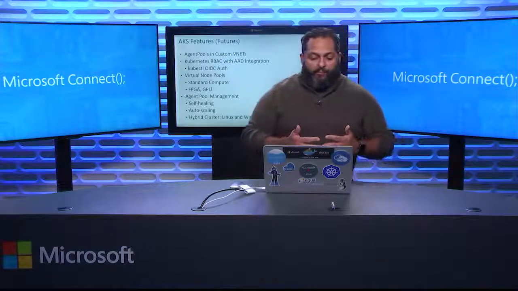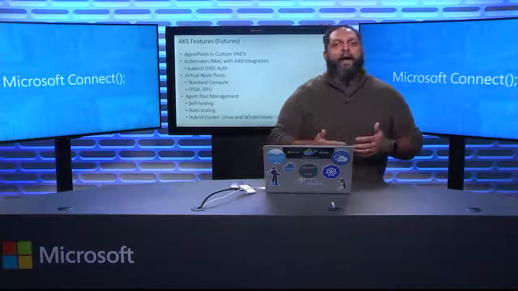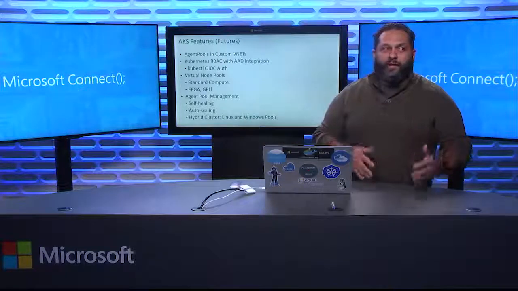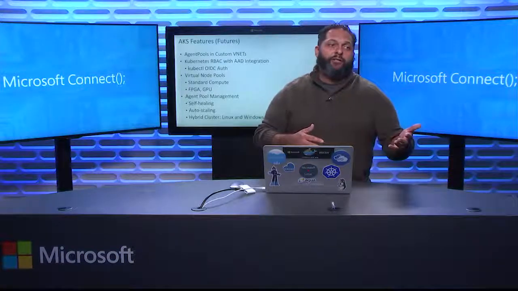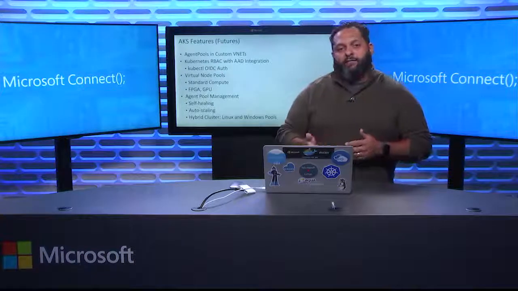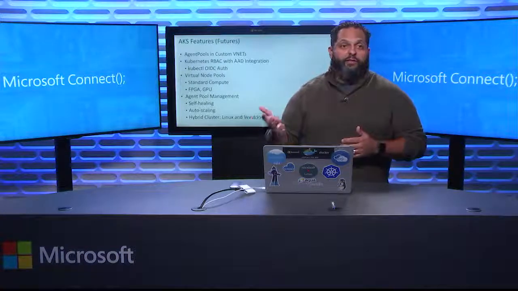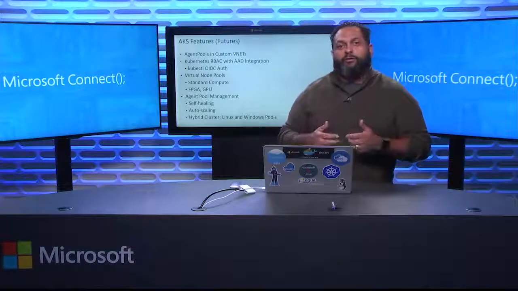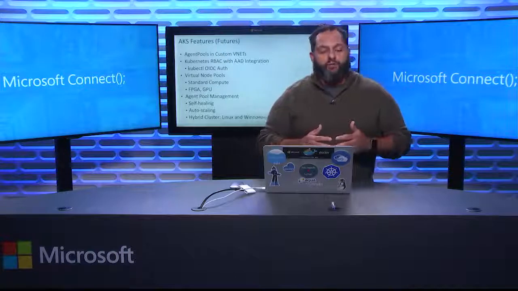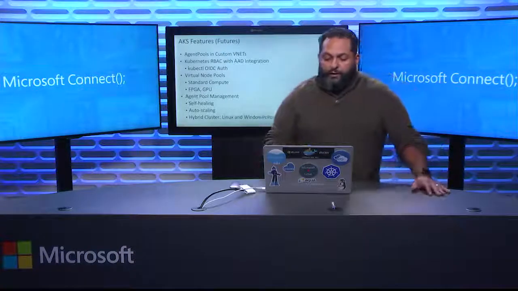And then the Nirvana would be a hybrid cluster with both Linux and Windows workloads. So now you can deploy Windows containers to your Windows servers and Linux containers to the Linux servers just by using node labels based on the node type, which are available today.